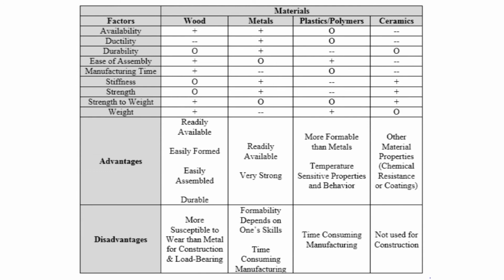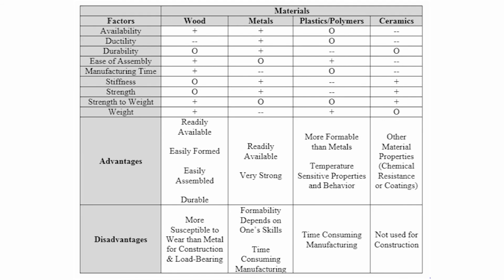Plastics and polymers, reasonably available, more formable than metals. May have temperature sensitive properties, so if you're drilling and using machining processes, you're going to have trouble maybe maintaining high dimensional tolerances, and hence they might be time consuming to manufacture.